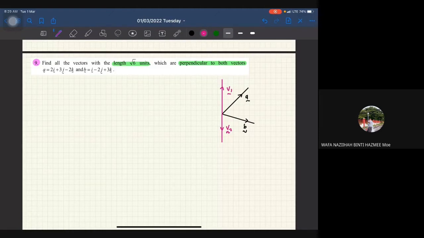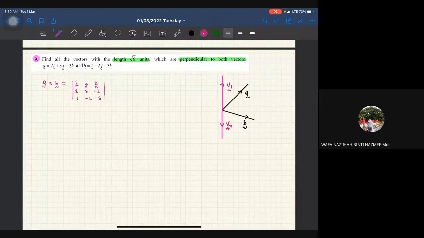Okay, so formula untuk cross product, kita ada A cross B, which is equal to, so awak tulis I, J, and also K. And then you have all the component, put it together. So 2, 3, negative 2. And then you have 1, negative 2, 3. Okay, so now let's expand our determinant by using the first row.